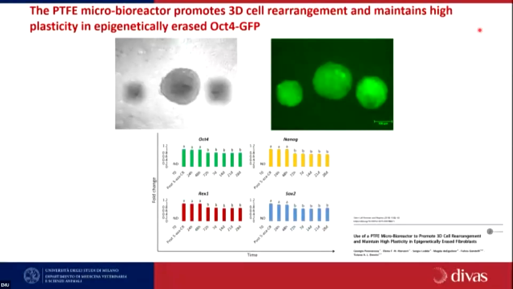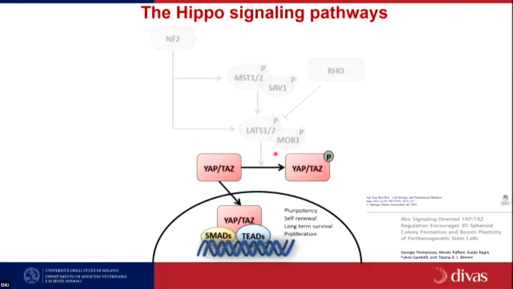So as you can see, you can see these nice green emitting ICM-like structures that were prepared using this encapsulation system. And of course, I'm not going into all the details, but all these cells express the pluripotency-related factors that are distinctive of ICM and pluripotent cells in general.